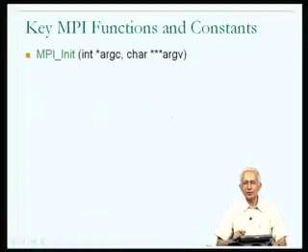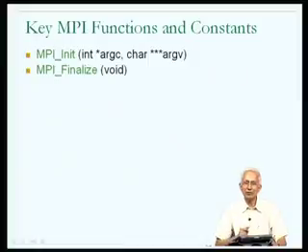Now, the first MPI function that any MPI programmer has to know about is MPI_Init. As the name suggests, MPI_Init is a function which must be called once at the beginning of the MPI program to initialize the various activities of the MPI library. By the same token, at the end of the MPI program there's a need to wrap up the various MPI activities, and therefore there's a function called MPI_Finalize, which must be one of the last things called within the MPI program.